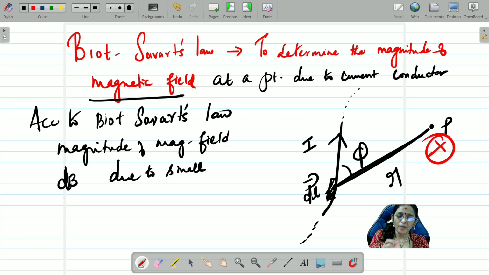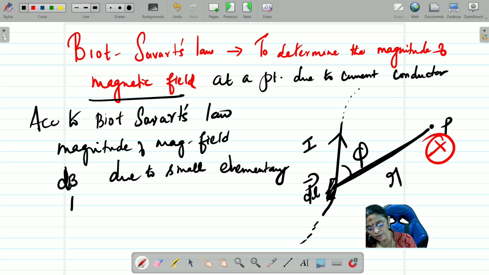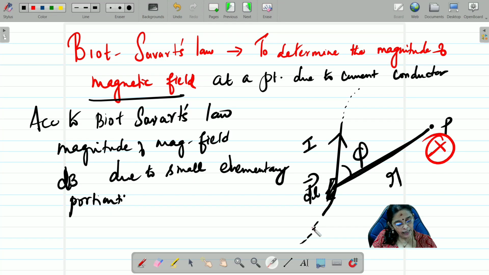Very simple, children. I have taken a small elementary portion because it is an infinitely long wire. Can you identify the infinitely long wire? That's why I put dotted lines here. So in order to handle the infinitely long wire, take a small elementary portion.